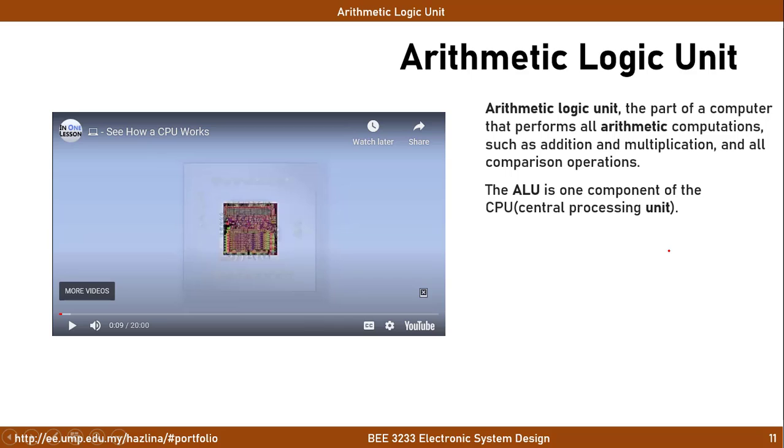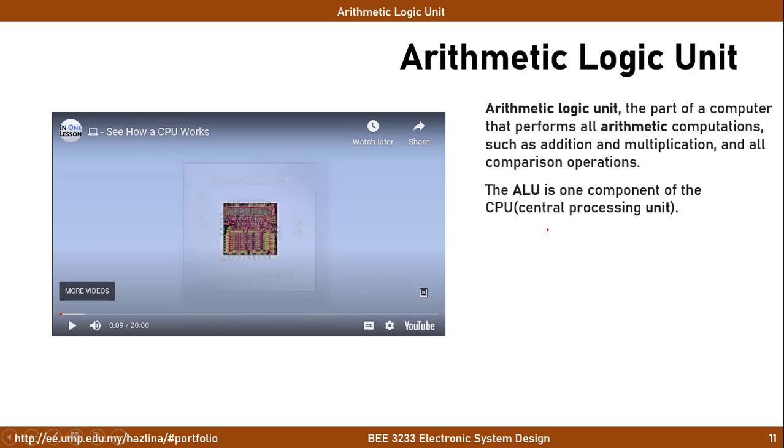As the name suggests, arithmetic logic unit is a unit that could do 2 main things. The first one is to complete the arithmetic process, and the second one is to complete the logic process. Now, arithmetic consists of processes such as addition, multiplication, comparison, subtraction, and so on. Whereas logic unit consists of logic elements with processes such as AND, OR, exclusive OR, and so on.